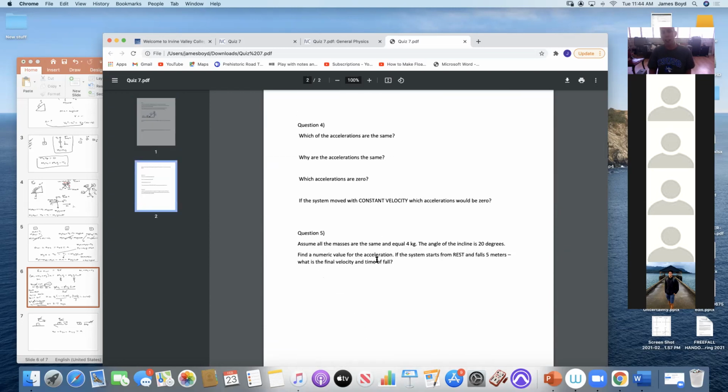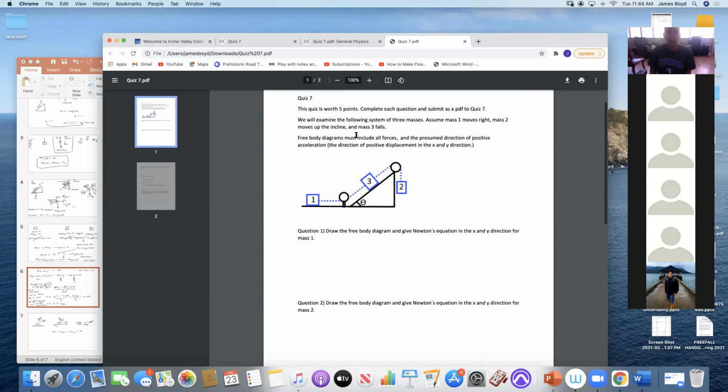When you're down here, I want a numeric value for the acceleration. So you'll need to combine your equations above. That's what we're doing, Sammy: getting an equation for mass 1, getting an equation for mass 2, getting an equation for mass 3, and then substituting the equations for mass 1 and mass 2 into mass 3 and solving. That's what we always do with these.